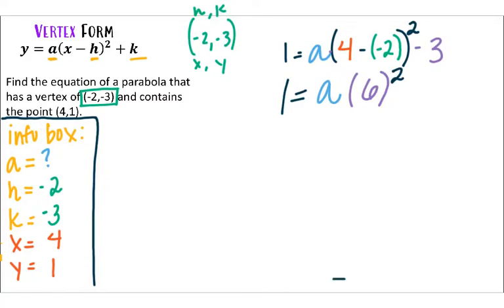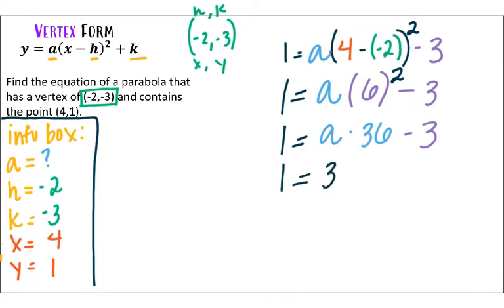And then the -3 did not change. All right, continuing, 6 squared will give us 36. So we have 1 is equal to a times 36, and the -3 did not change. Remember I said I don't like to play bingo, so instead of a36, I really want this to be 36a minus 3.